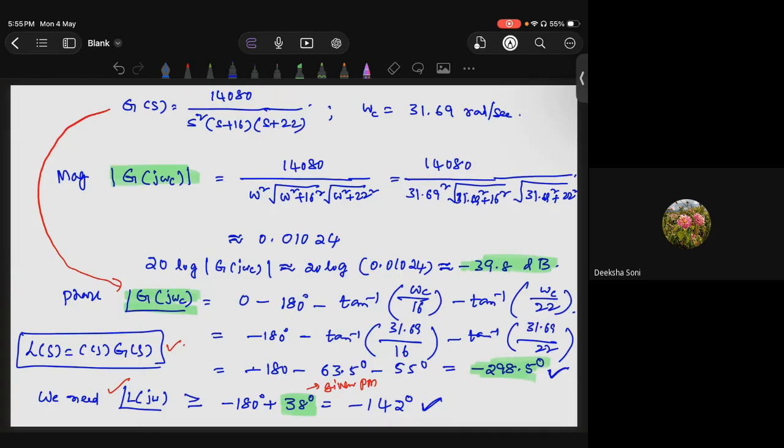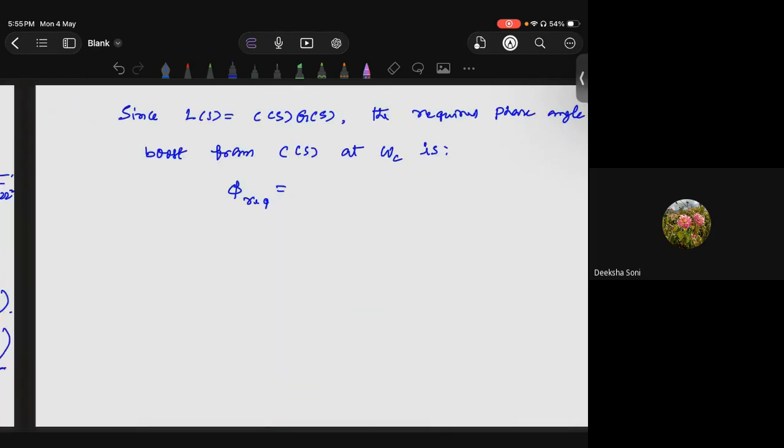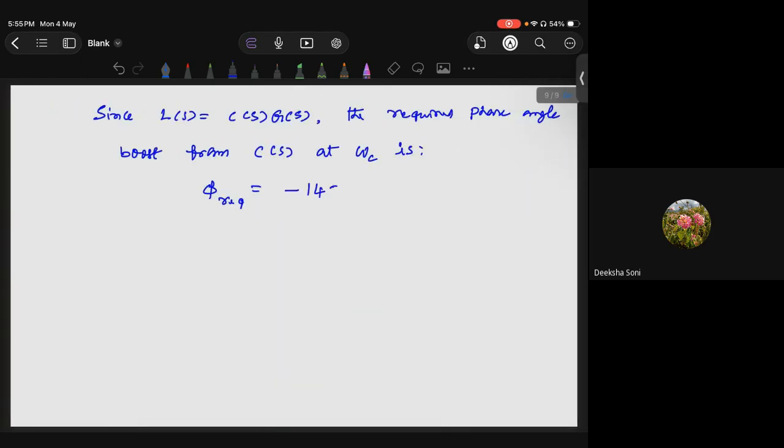So you just need to subtract: minus 142 minus of minus 298.5. How much is it? 156.5 degrees. This is what we need. The compensator should boost the phase by 156.5 degrees.